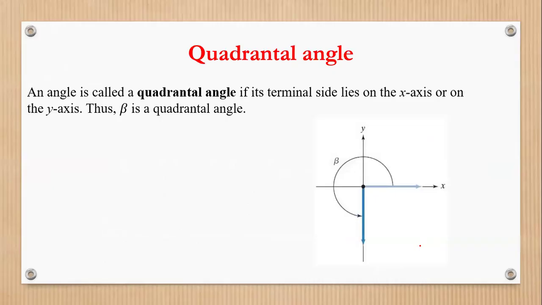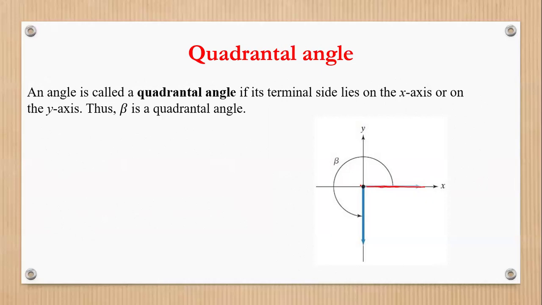What's a quadrantal angle? Quadrantal angles are the angles whose terminal side lies on the x-axis or the y-axis. You know that in trigonometry, all of the initial sides are on the positive side of the x-axis. Now, where is the terminal side?